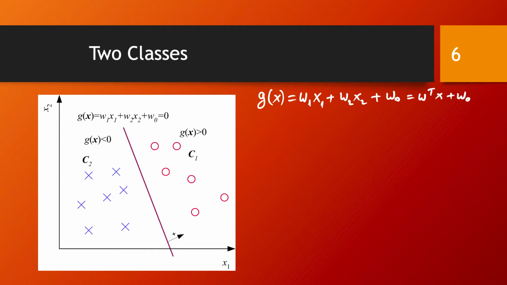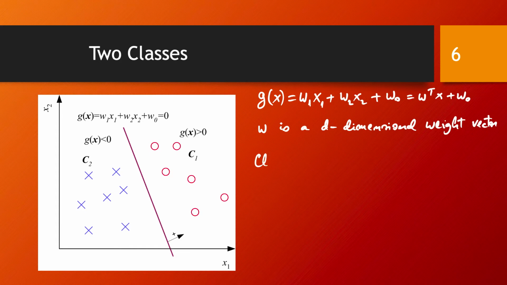And this w is a d-dimensional vector, and it's a so-called weight vector. And the way this discriminant function works is that it's helping us to do a classification with the following decision.